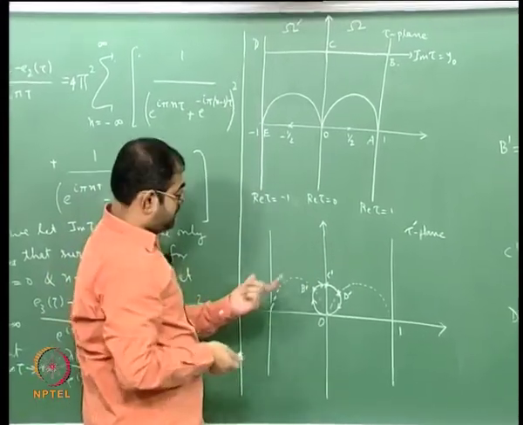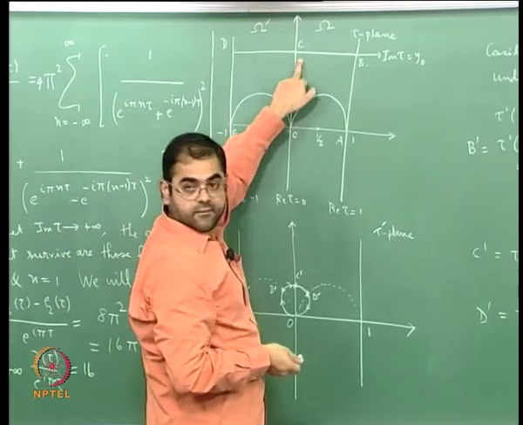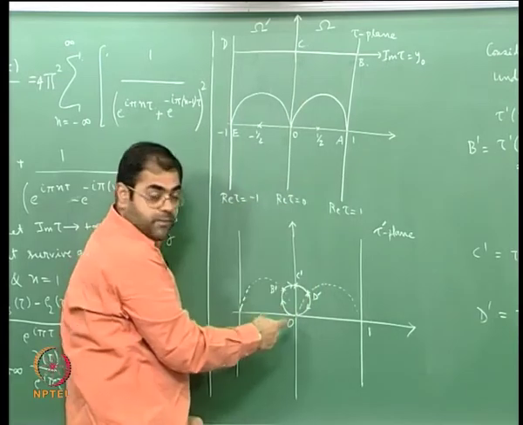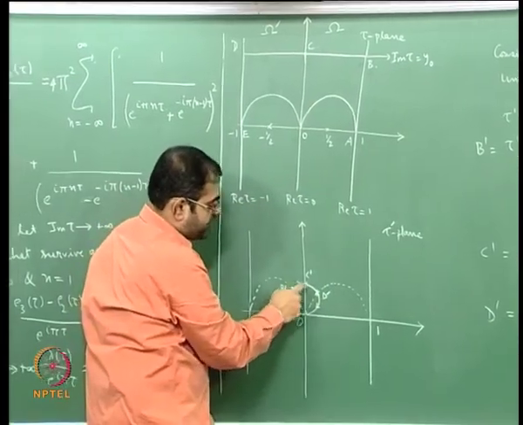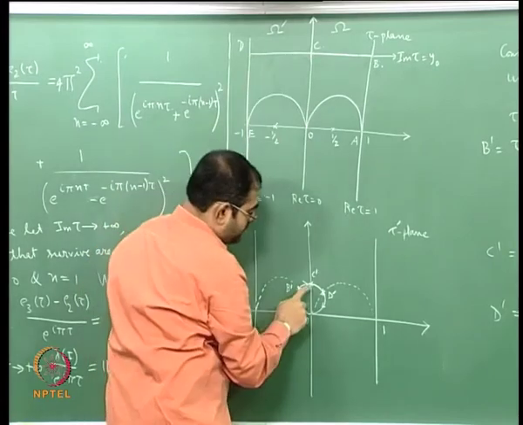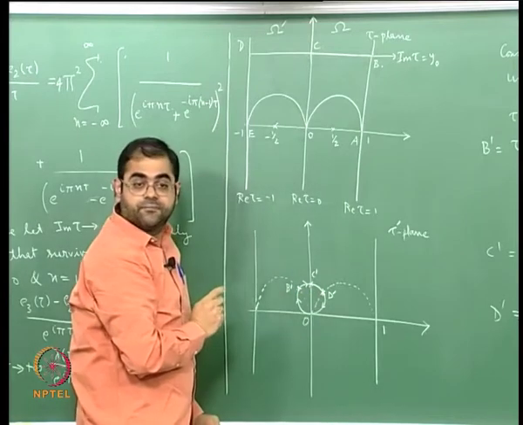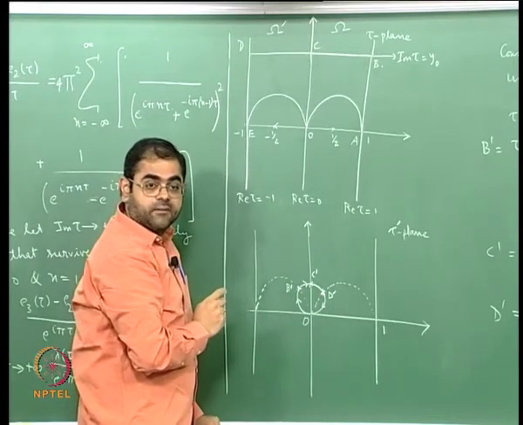So the important thing that I need is, you see that as you go from B to C, the image in the tau prime plane will trace B prime to C prime, and as you go from C to D, the image in the tau prime plane will trace C prime to D prime. Alright, this is what will happen.